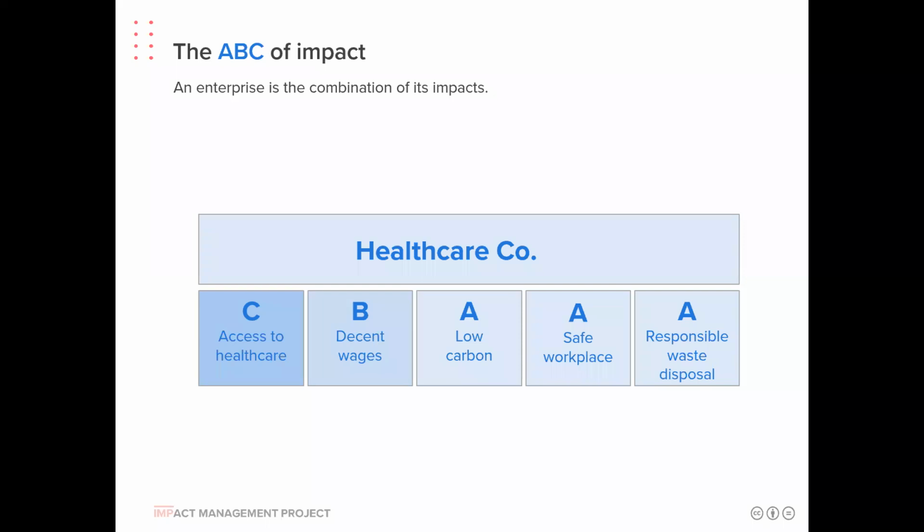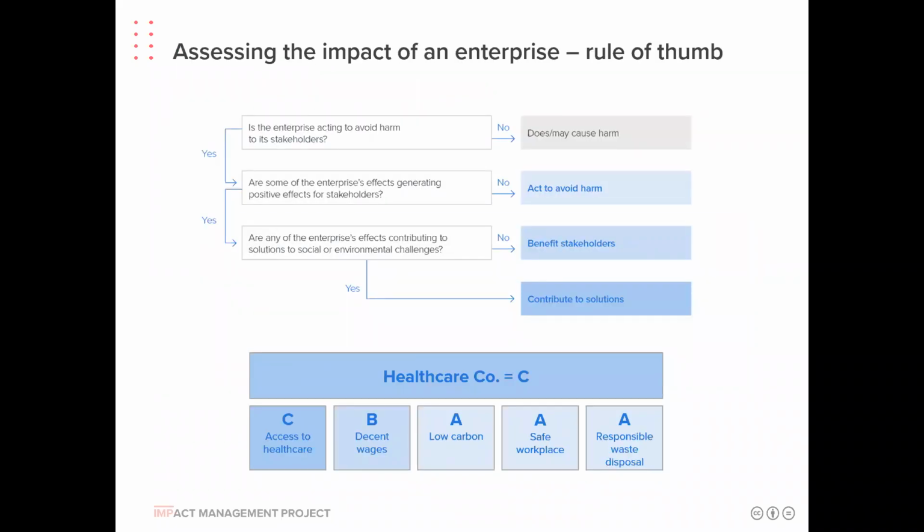As we construct our portfolio, we need a way to classify an individual business or asset. And here we'll revisit that decision tree that we saw from the last info session. So what this diagram shows is that one reasonable way to think about pigeonholing a business as having a certain type of impact is to say, well, if an enterprise is acting to avoid harm, i.e. the business is acting responsibly, then it would be a collection of impacts that show reduction of negative outcomes.